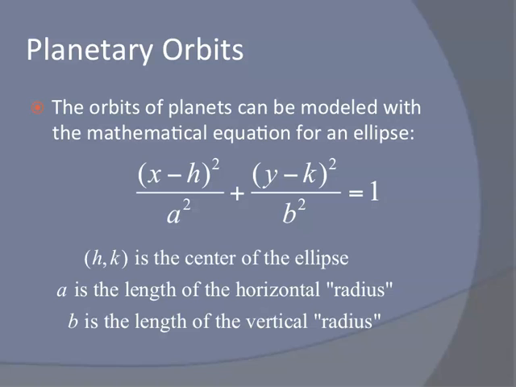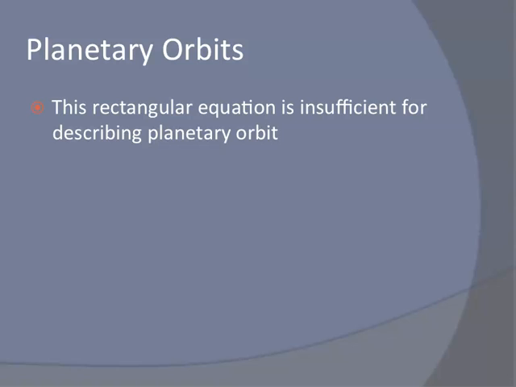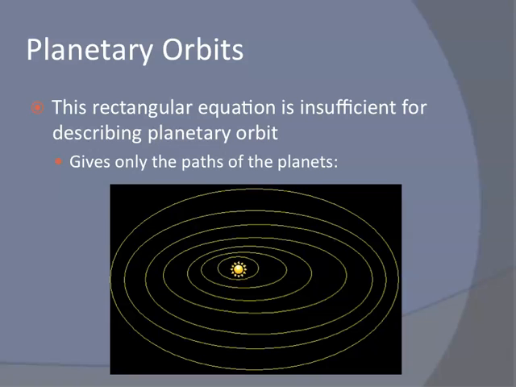Now, the issue with using this is that it is not enough for us to describe planetary orbit, right? With planetary orbit, we want to be able to talk about the direction. So this only gives the paths of the planets.